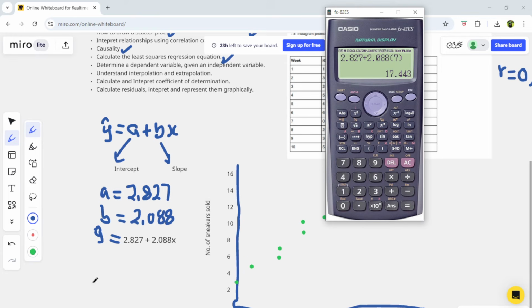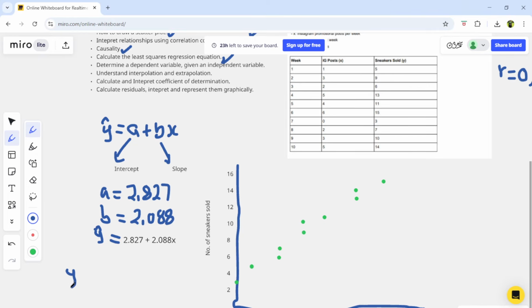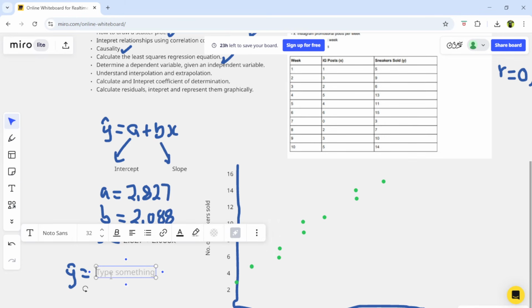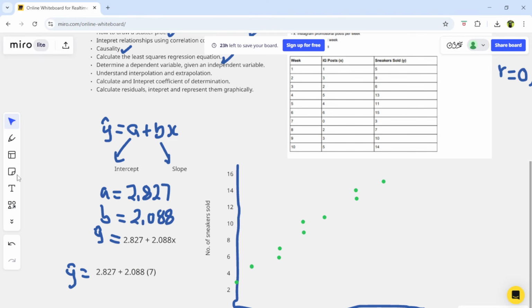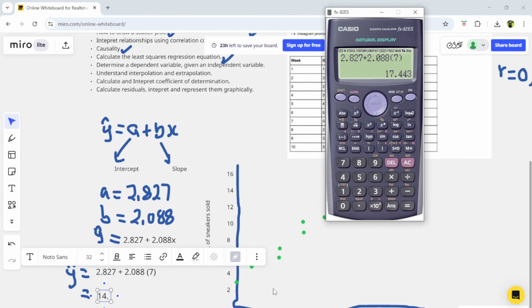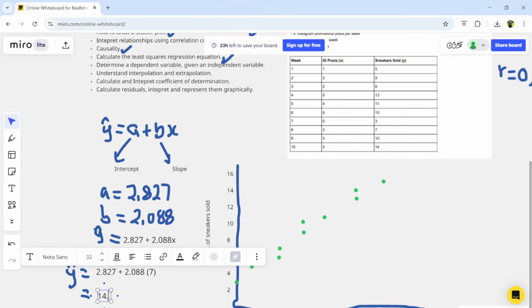So you're going to say, let me write it here so that you see that we substitute: y is equal to 2.827 plus 2.088 into 7, and that is going to be equal to 14 point, 14 point what, 17.433, right?